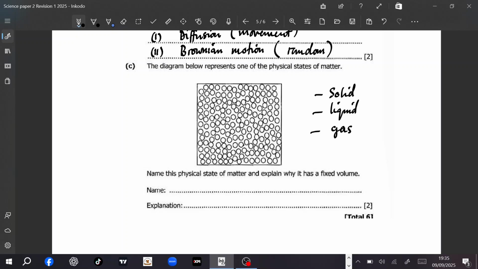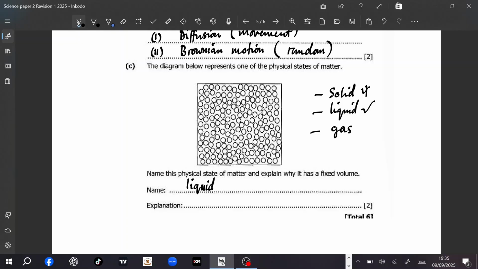When you look at the way particles are packed, they are very closely packed, so it looks like it is a solid. Now, because particles are not regularly or orderly arranged, it means that it's not solid, because in solid they are in orderly arrangement. So this one becomes not solid but liquid. So if they say name the physical state of matter, here we will say liquid, because particles are not in order.